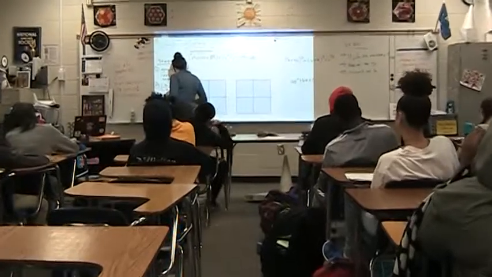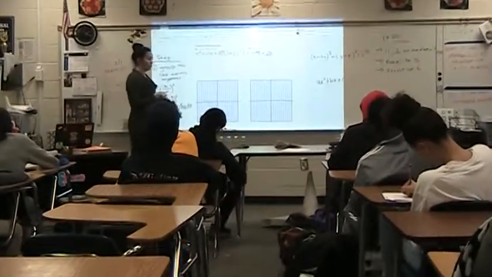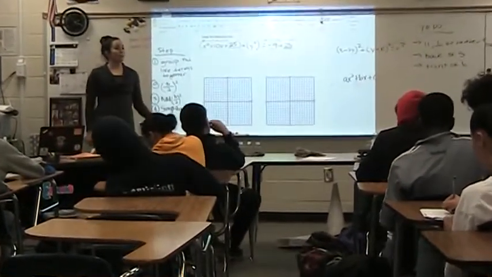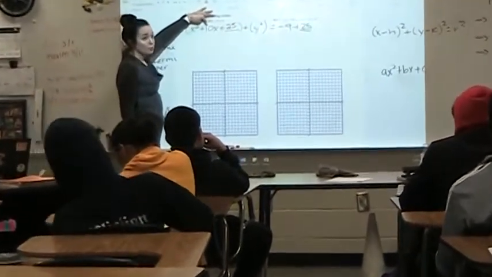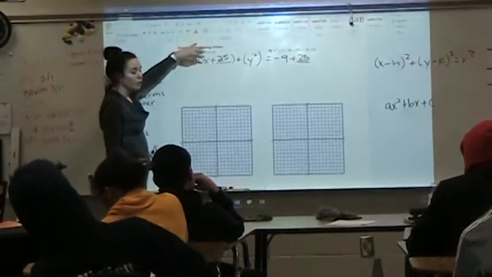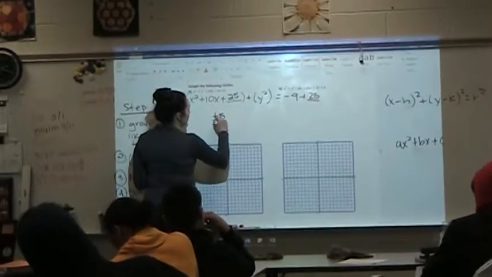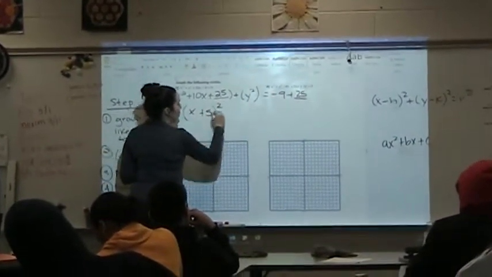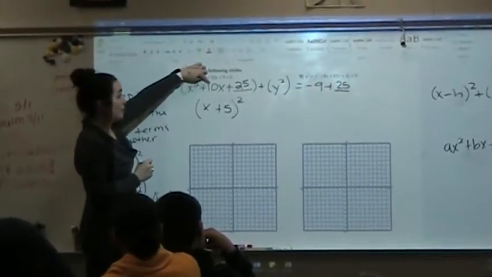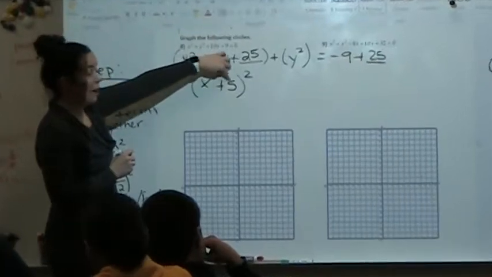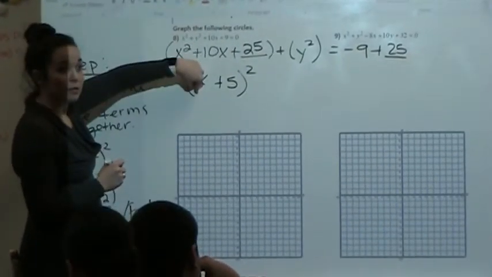So throw back to the old days where you factored. But I'm going to teach you a quick trick. You remember that 10 divided by 2 number? What is that, 5? I'm going to bring that down here. So 10 divided by 2 gives me 5. Just bring down the x.